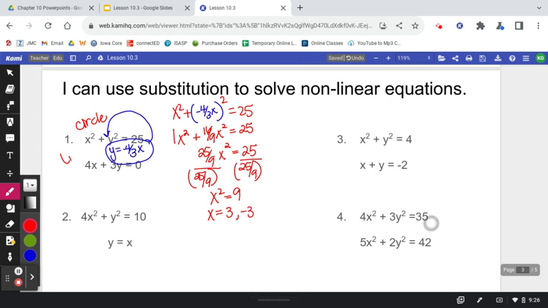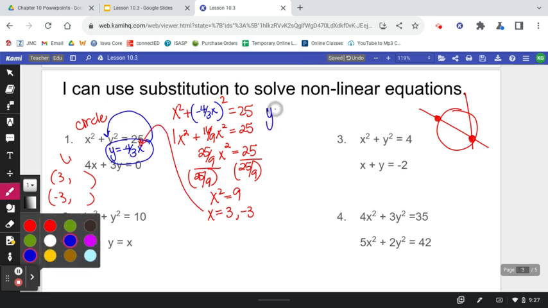And I knew there were 2 points. Again, I erased the picture, but it would make sense that this point here is at 3 comma something, and this one is at negative 3 comma something. Now I'll take those x's and put them back into the line, like normal substitution. So I'll have y equals negative 4/3, and on the first one I'll have 3, and on the second one I'll have negative 3.